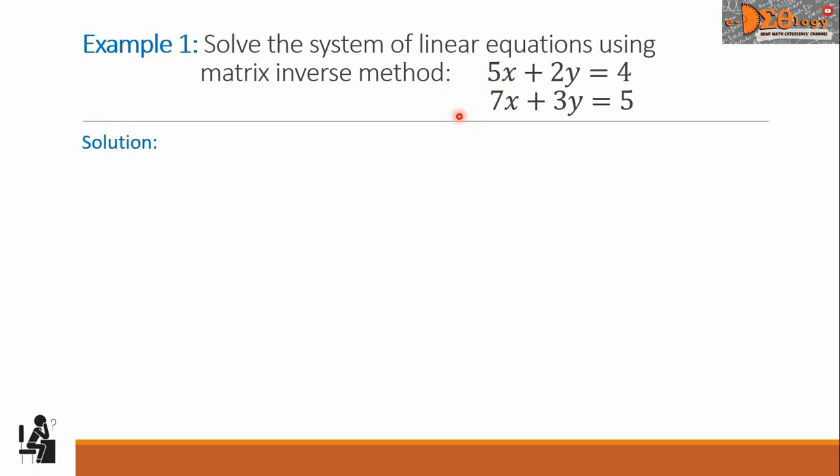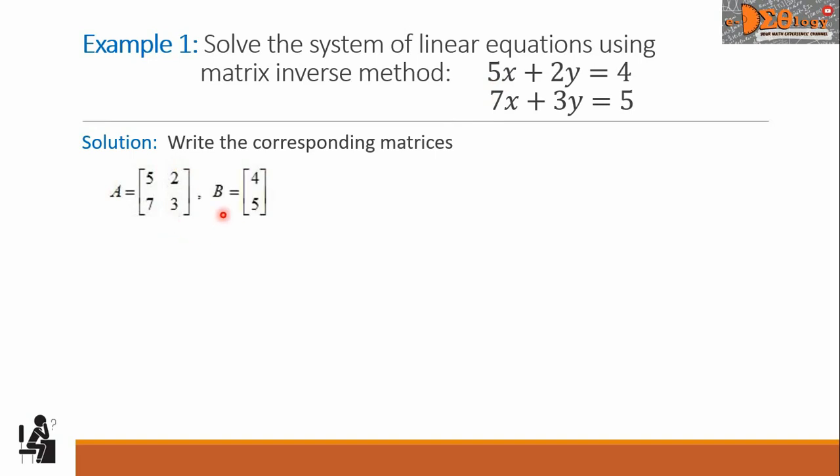For our solution, let us write the corresponding matrices. Let's begin with matrix A. This is a 2 by 2 matrix that corresponds to the coefficients of the x and y respectively. So we have 5, 2, 7, 3.